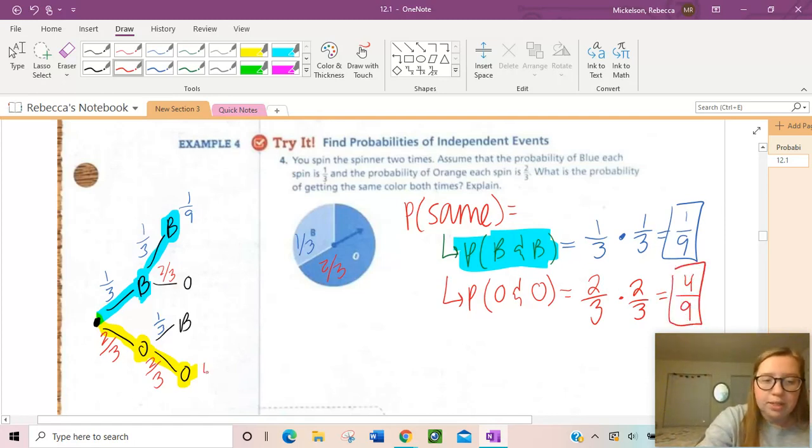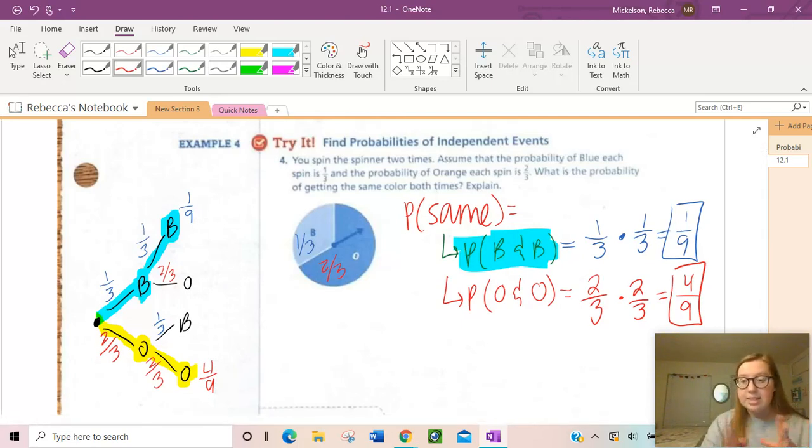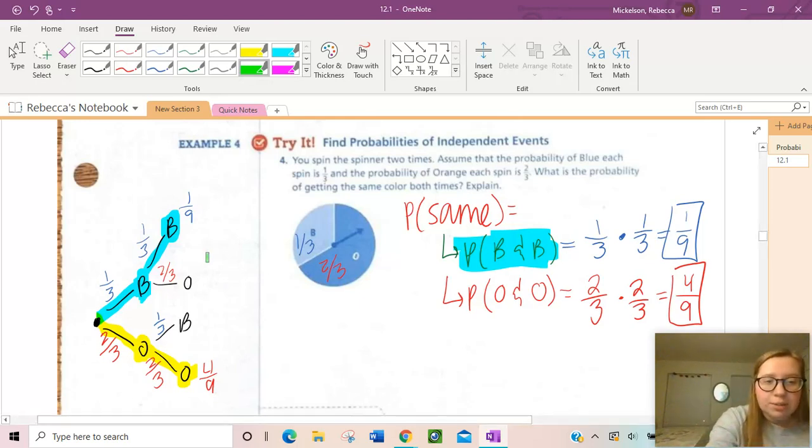So this branch has a 4 in 9 chance of happening. Now we had 2 other pathways that we can go down, but they're not the same color each time. So the first one is blue and then orange, and the other one is orange and then blue. We could calculate their probabilities just by multiplying 1/3 and 2/3. So we would get 2/9 here for this pathway, and then 2/9 here for this pathway.